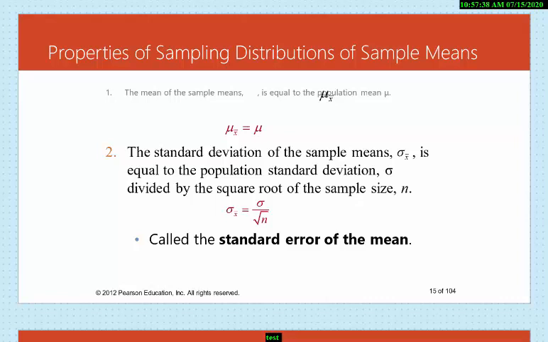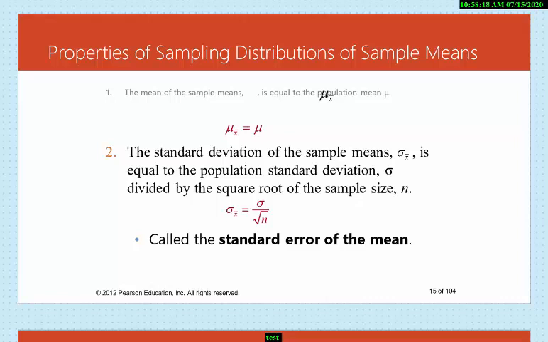And the standard deviation of the means of your sampling distribution is going to be equal to the standard deviation of the population divided by the square root of the size of the sample. So when the size of the sample becomes bigger and bigger, the standard deviation of the sampling distribution becomes closer to the standard deviation of the population.